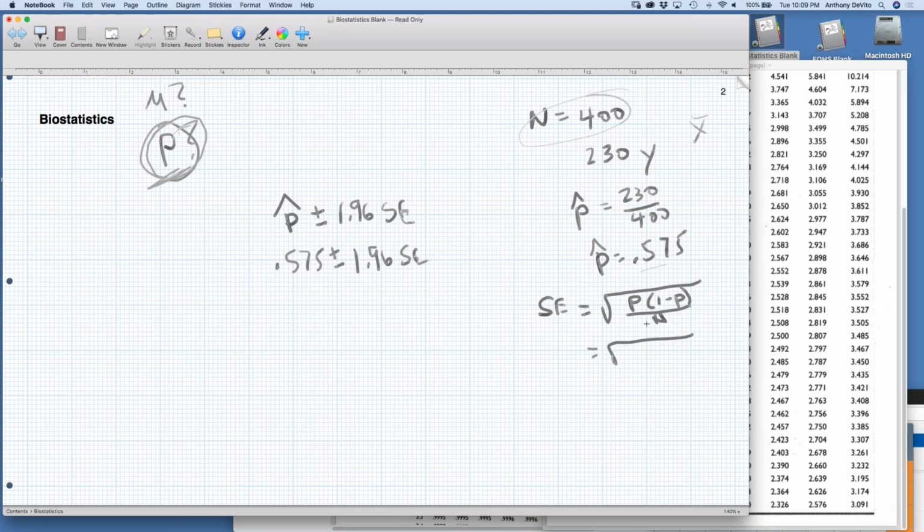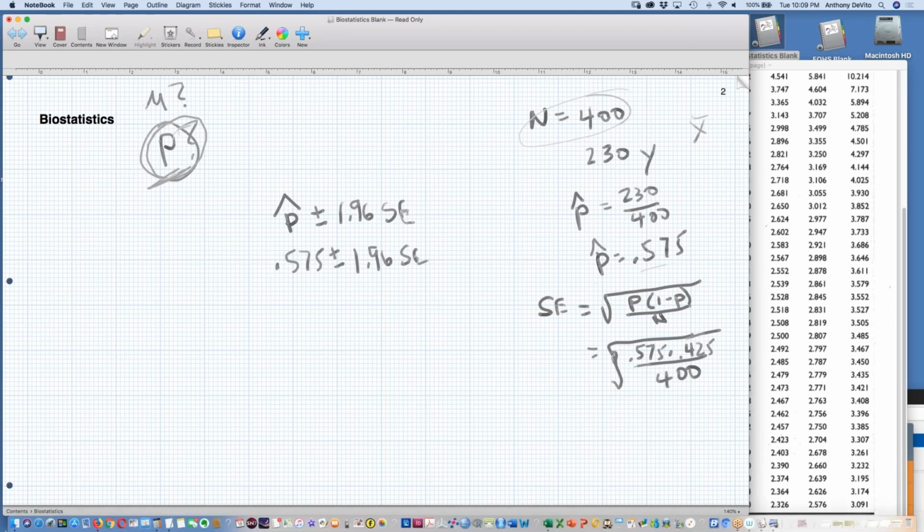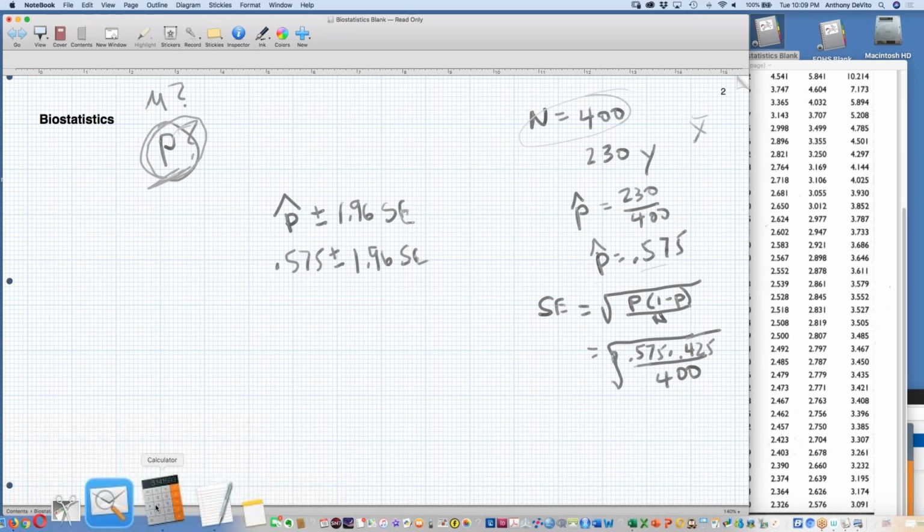That's equal to the square root of 0.575 times 0.425 over the sample size, which is 400. Okay, let's work that out. Let me get my calculator.